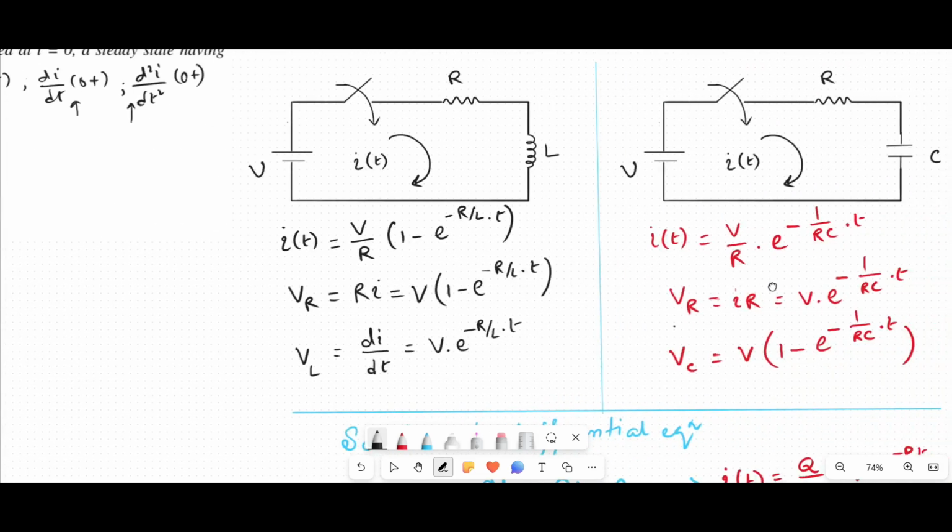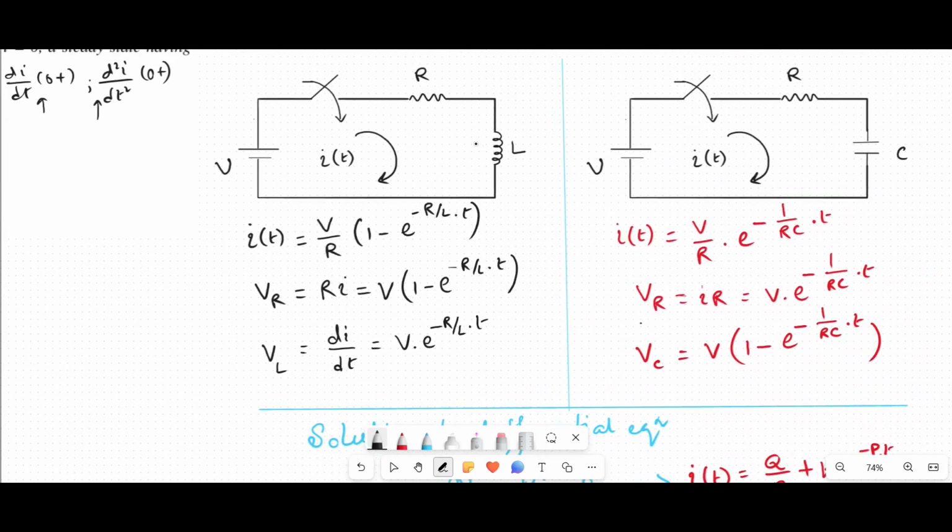If you can see here, the circuit on the left-hand side contains a resistor and an inductor, which means it is an RL circuit, and the circuit on the right represents an RC network. In this, if you determine the current i(t), it will come as V by R multiplied by (1 minus e to the power minus R by L into t).